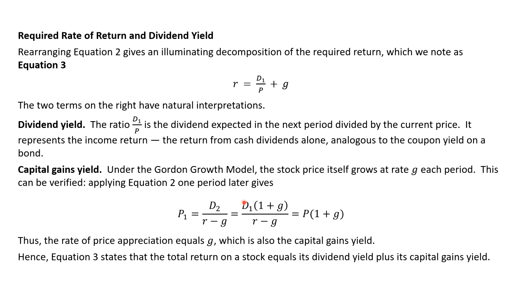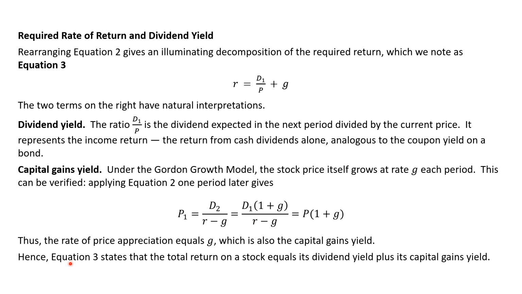This part, D1 over R minus G, is basically P. And so P1 is the price from the current period times 1 plus G. So the rate of price appreciation equals G under this Gordon growth model. We were able to prove that here.